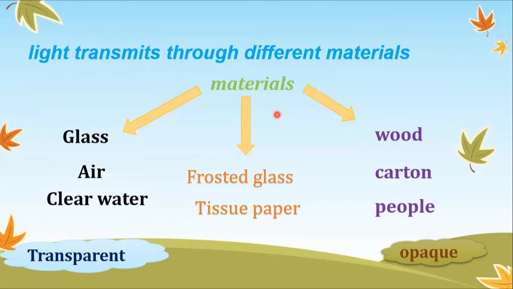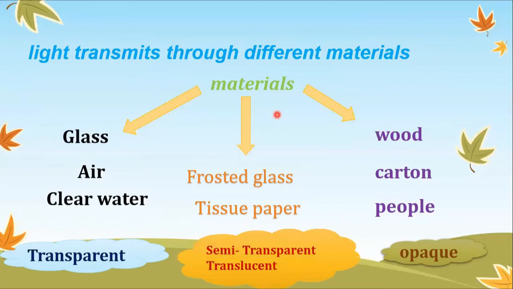And finally, the group which we can see what is behind it but not clearly, without any details, is called semi-transparent. So I have 3 groups of material: transparent, opaque, and semi-transparent.